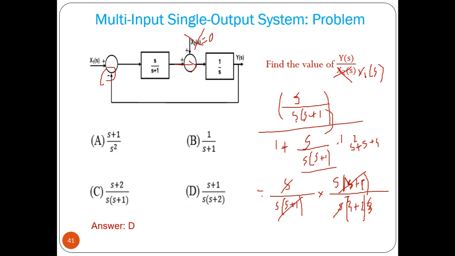s divided by s plus 1 plus s, that is G divided by 1 plus GH. So here it will be s square plus s plus s, s square plus 2s, that will be s into s plus 2, divided by s by this, so this cancels out. 1 by s, no, not s, 1 by s plus 2.